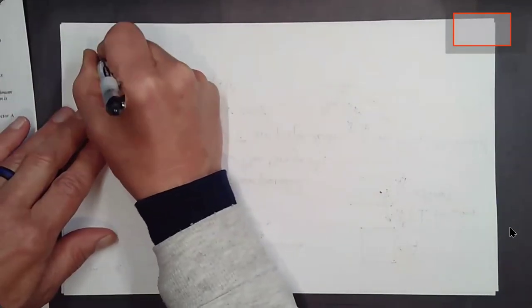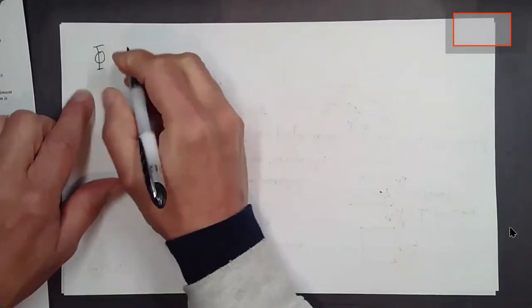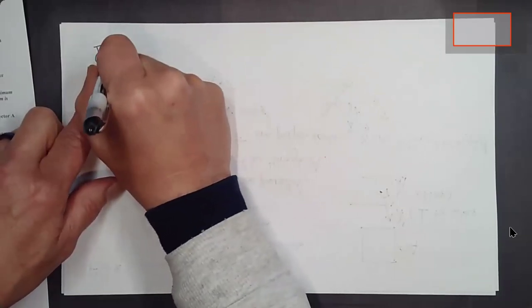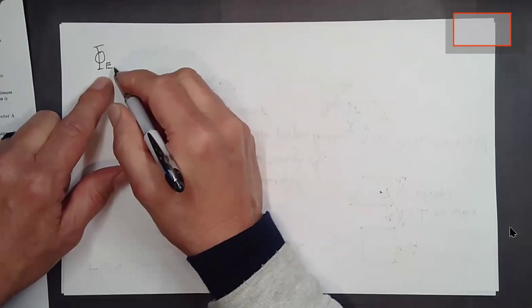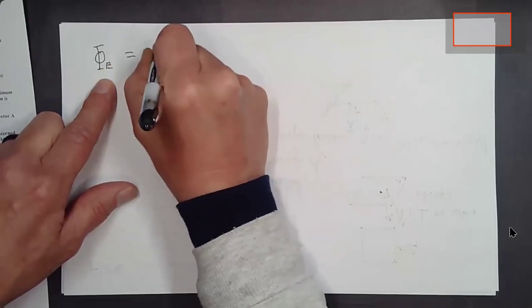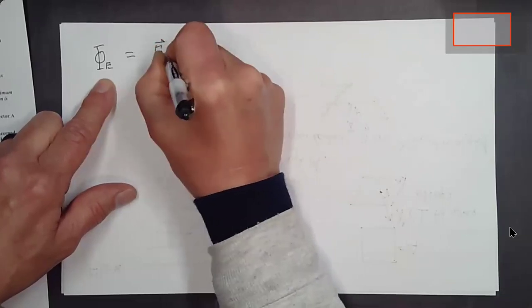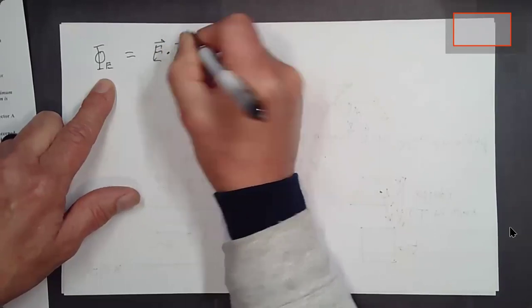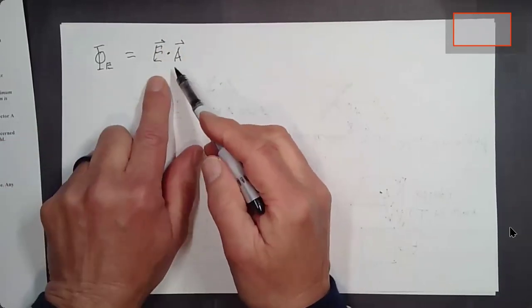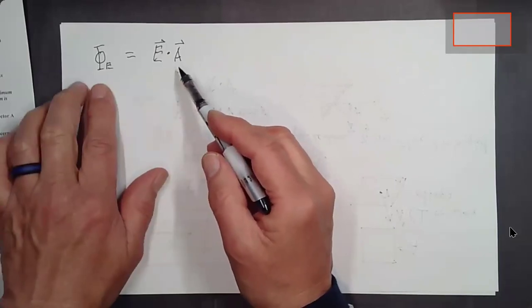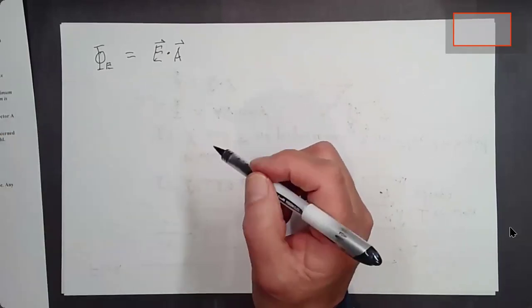So for that, we'll use the same symbol there. I think that's a capital phi or something like that, but we might just stick a little subscript of E on it. Remember, the dot product is commutative. You might talk about the electric field through an area, and that'll be the flux of that electric field.